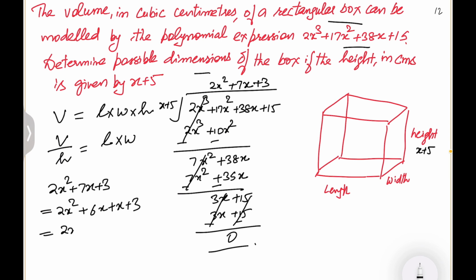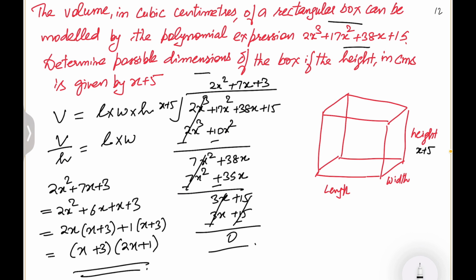Both are divisible by 2x, so 2x times x plus 3, and taking 1 outside, both are divisible by x plus 3, and we are left with 2x plus 1. So the other dimensions are x plus 3 and 2x plus 1. So this is how we get the answer.